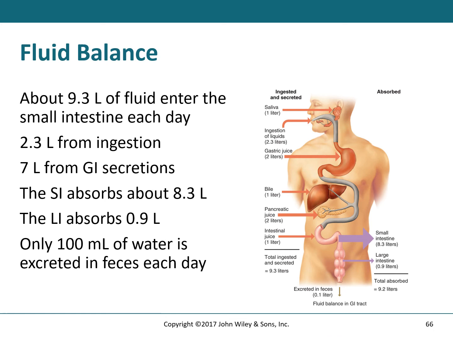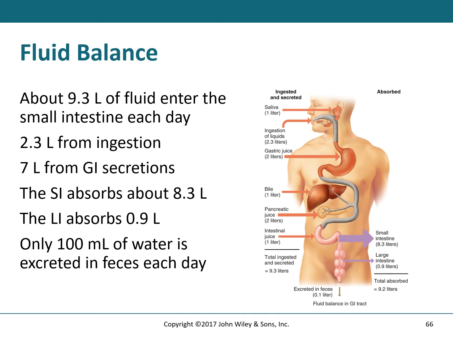We've talked about all the nutrients that your intestine absorbs, but we haven't talked about water yet. So you have about 9.3 liters of fluid every day that enter the small intestine. 2.3 liters of this is from ingesting liquids, but the rest comes from gastrointestinal secretions. So that's about 7 liters remaining. And the small intestine ends up absorbing 8.3 liters of water.